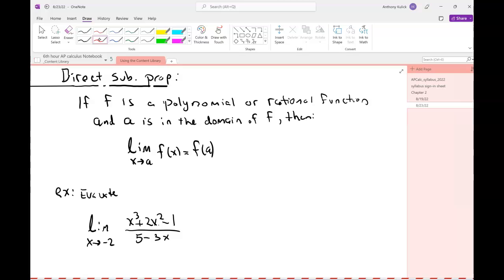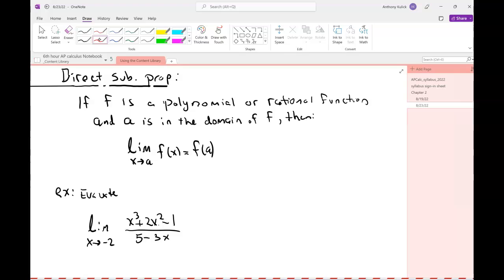Okay. Two things I need to check here before I can go ahead and dive right into this direct substitution property. What are the two things that the property requires before I can do this? Is the function polynomial or rational? This is rational, because it's polynomial over polynomial, right?